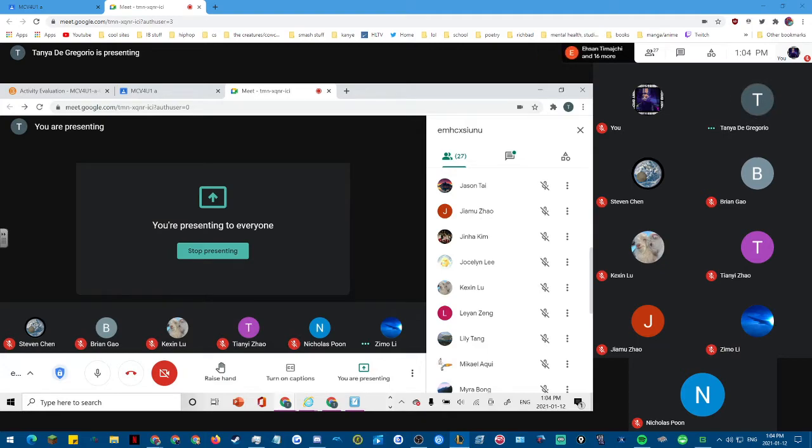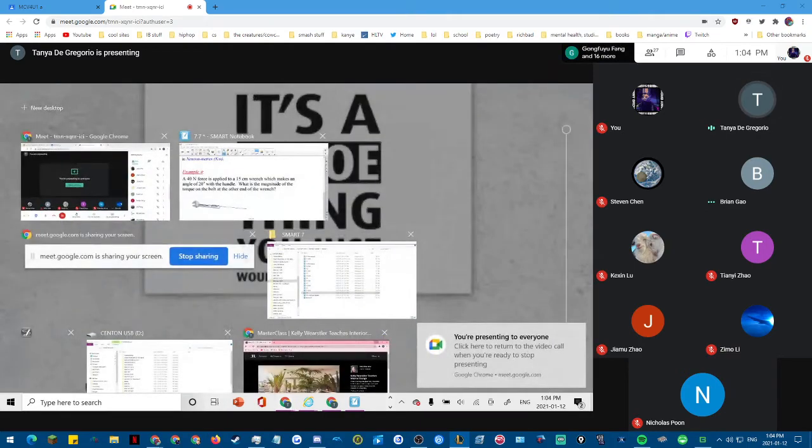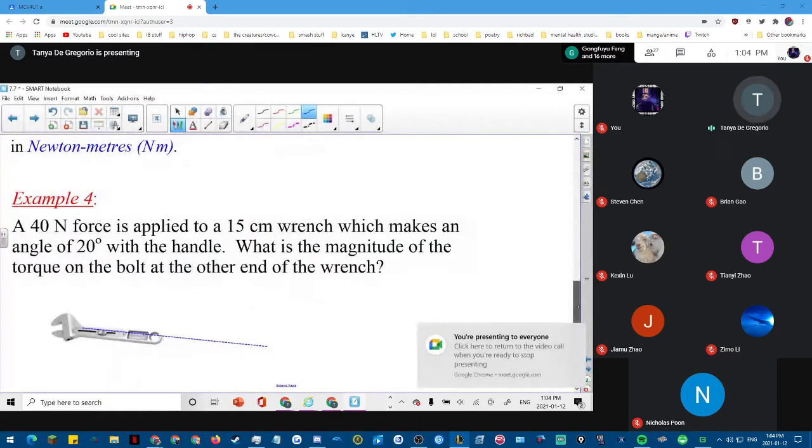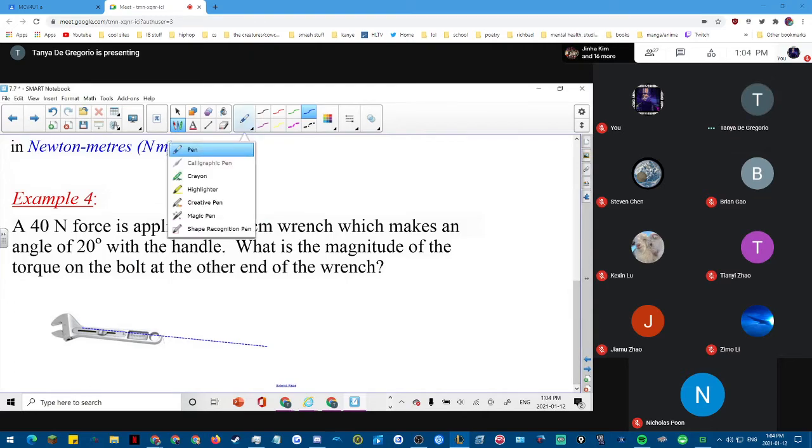Okay. How are you guys doing? Let's go back. All right, so here we had a wrench, and a 40 Newton force is being applied. When I turn this wrench, I'm turning it downwards, and so this is my force.